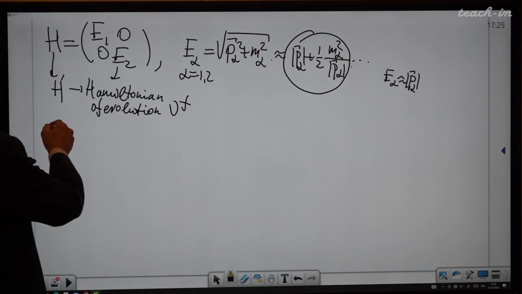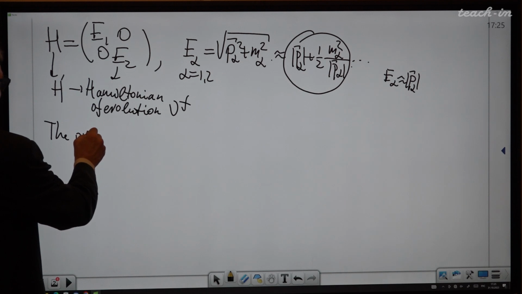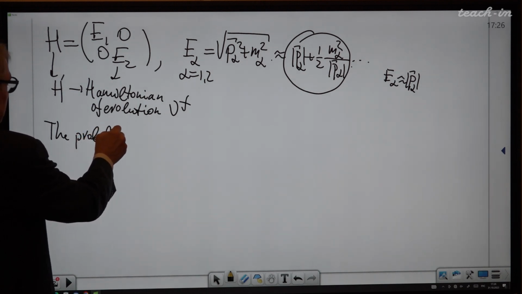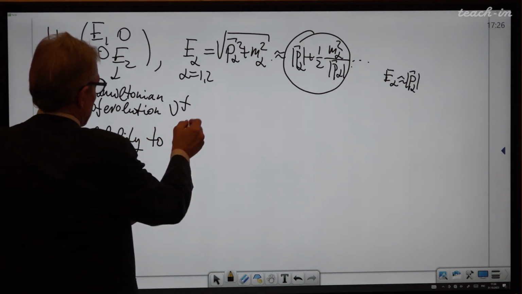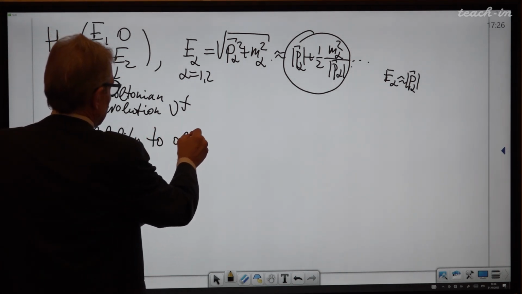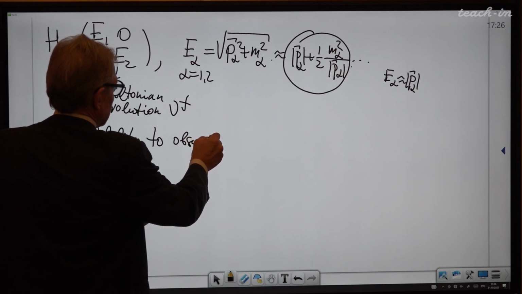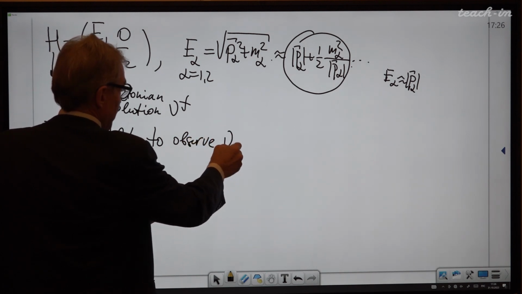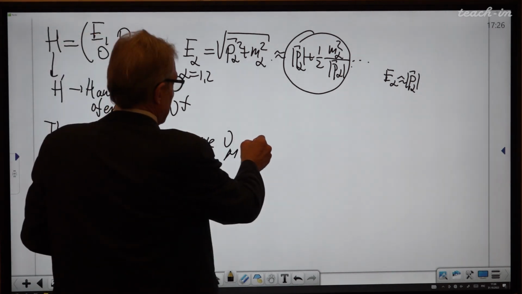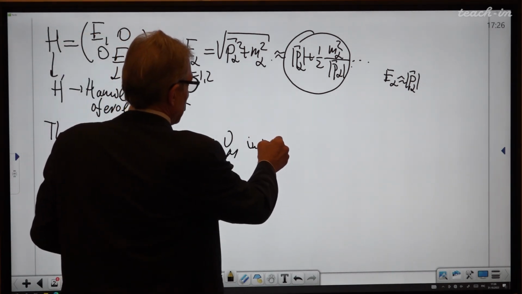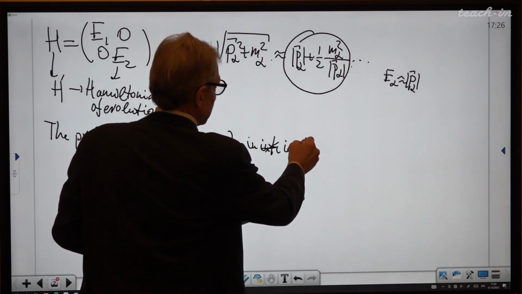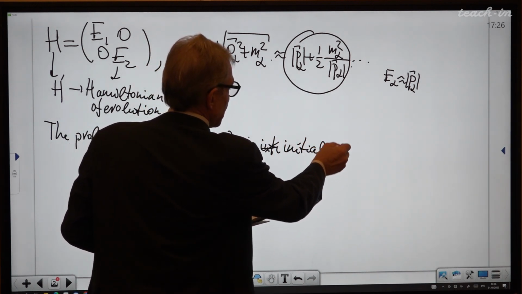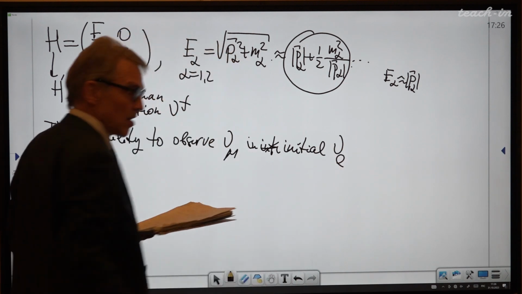And then we calculate the probability to detect neutrino flavor F in the initial neutrino flux composed of electrons.